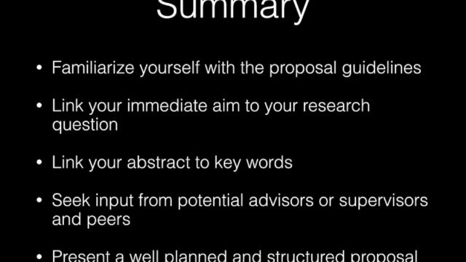Go back to the diagram that was in the earlier presentation. Make sure that you've got a sense of connection between all of the different elements of your research proposal. An example of that is linking your abstract to keywords. Make sure that there's a nice, neat flow and a good sense of connective strength to your proposal.